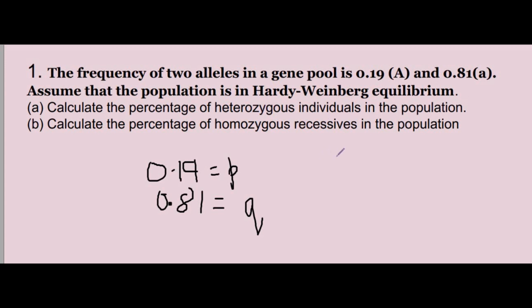Now we have to calculate the percentage of heterozygous individuals in the population. As I have told you, heterozygous individuals are calculated by 2PQ. We just need to put the values here, and it will be 2 into 0.19 into 0.81.